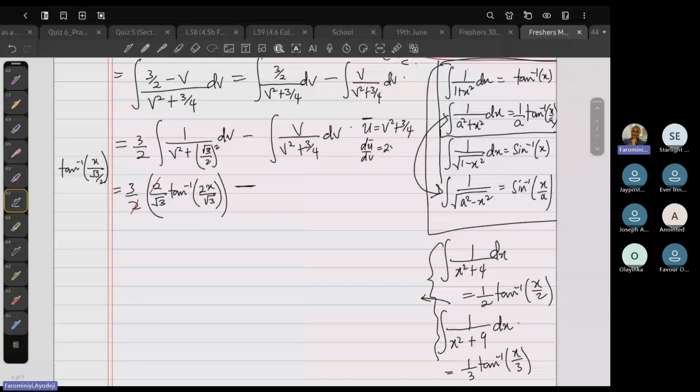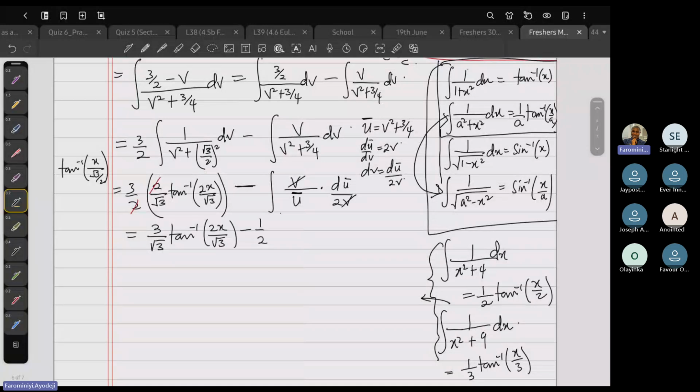That is the secret ingredient for u substitution. So dv is equal to du bar over 2v. So I can write this as v over u bar times du bar over 2v, such that v cancels v. So we are going to get 3 over root 3 tan inverse of 2x over root 3 minus 1 over 2 integral of 1 over u bar du bar.